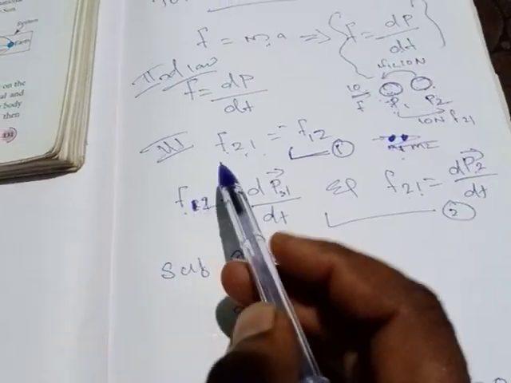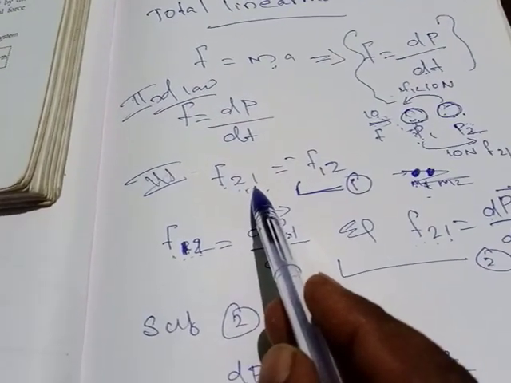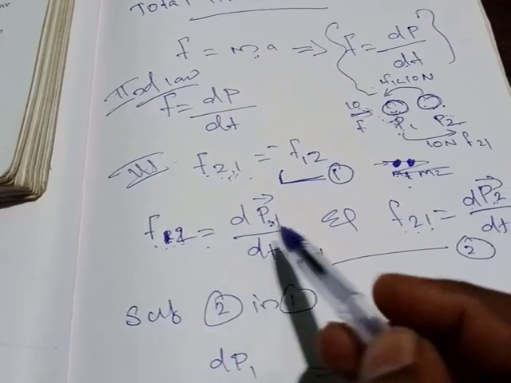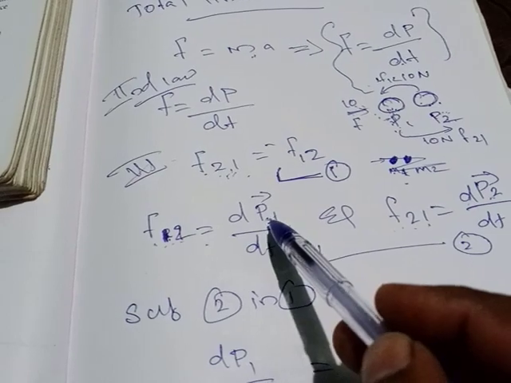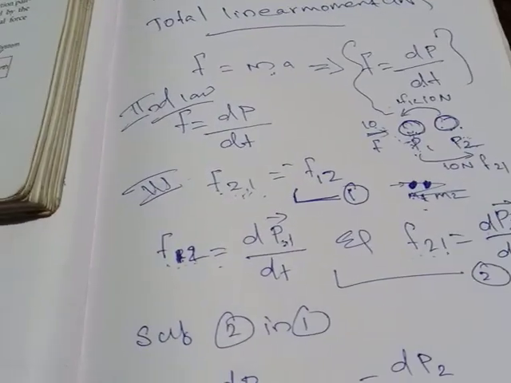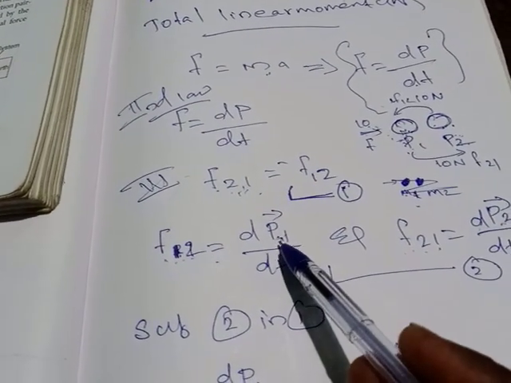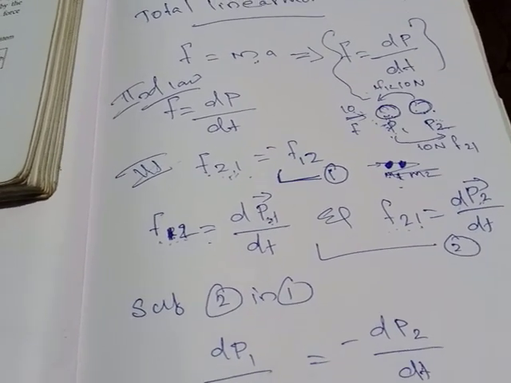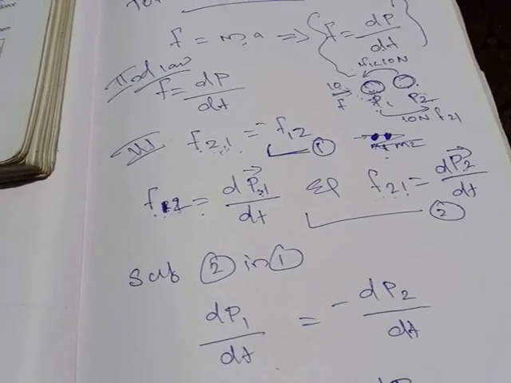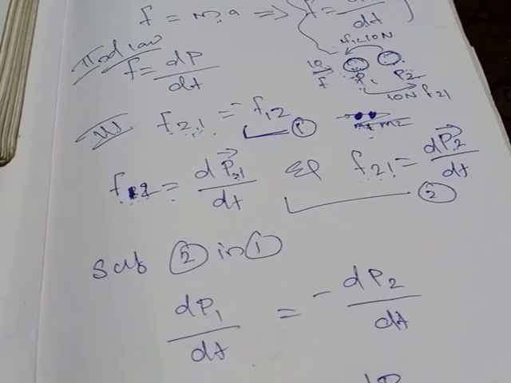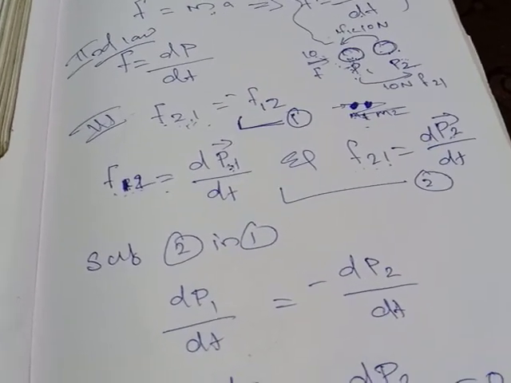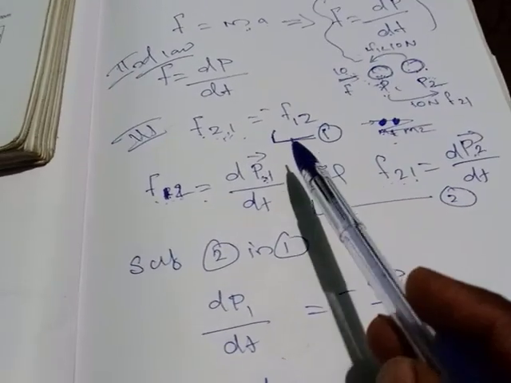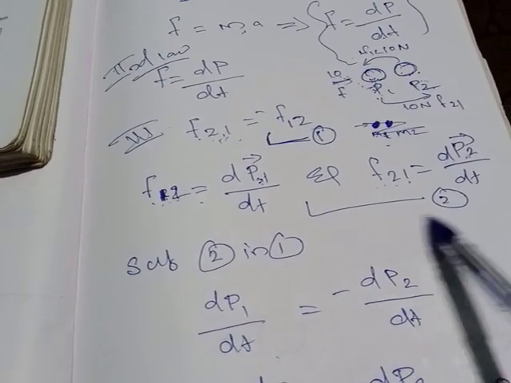Here again you see, we are taking Newton's third law and using Newton's second law through the momentum equation. The momentum of particle 1 and 2 is changing due to the force F12 and F21. So take this as equation 1 and this as equation 2.